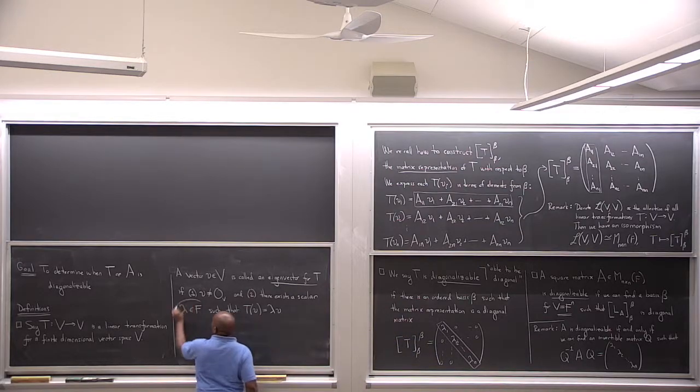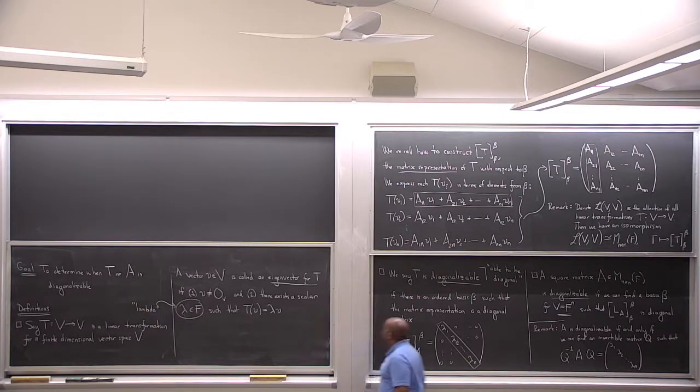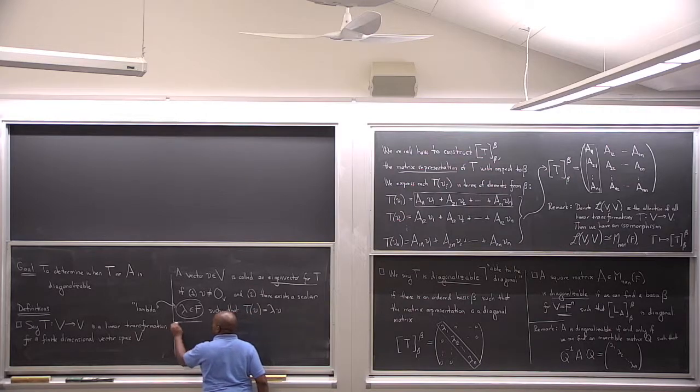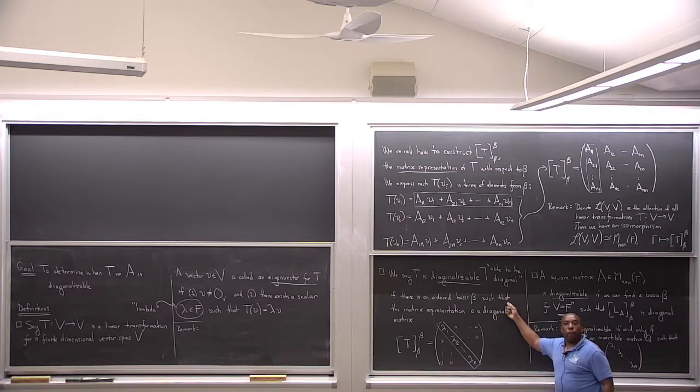So remember again, the symbol is called lambda. Now before I get too far, I want to say very quickly how that relates to this concept back over here. Well, let's say that our matrix is diagonalizable, so that means we can find the basis beta.